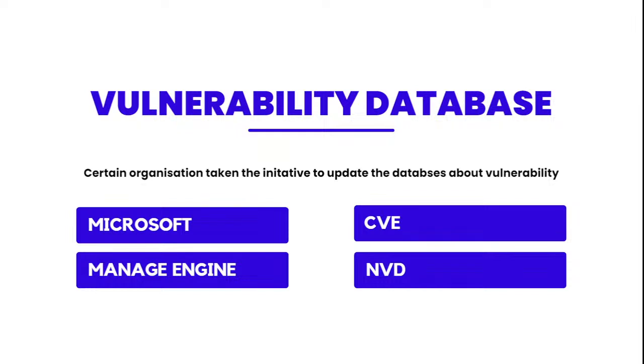Now Microsoft itself is a very big company, so they have their own database for particular vulnerabilities, and if you want to search for any Microsoft related query, like whether Microsoft has any vulnerability for PHP, JSON, MySQL language, you can simply go on the Microsoft website and browse for MSRC, the Microsoft Security Response Center, which gives you all the vulnerabilities related to Microsoft.